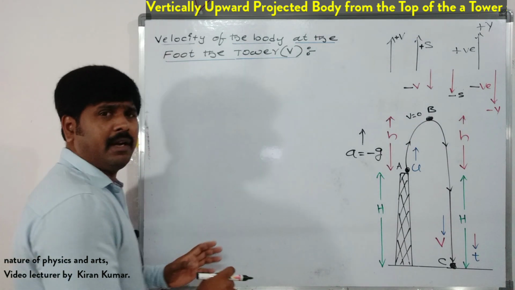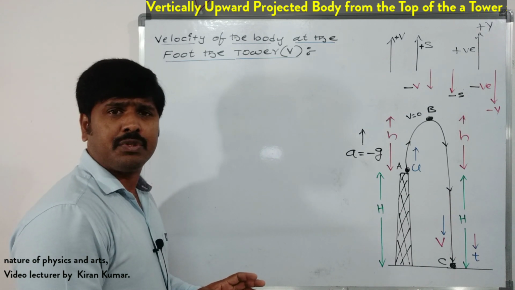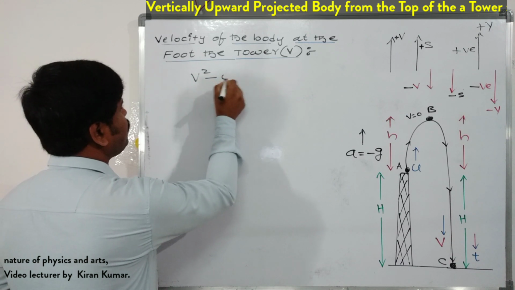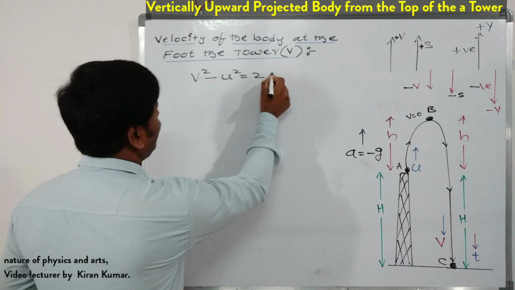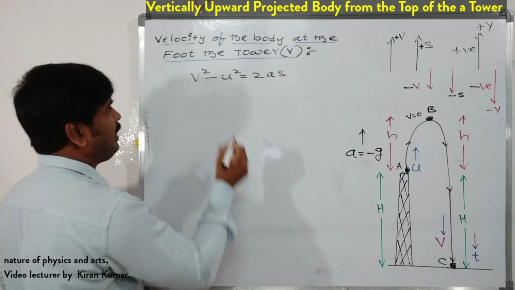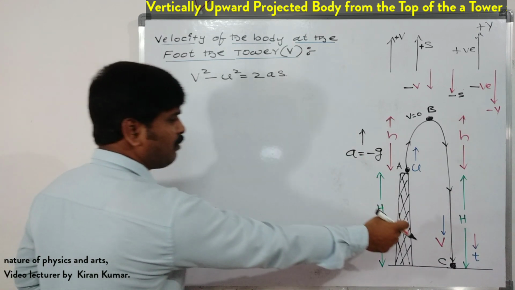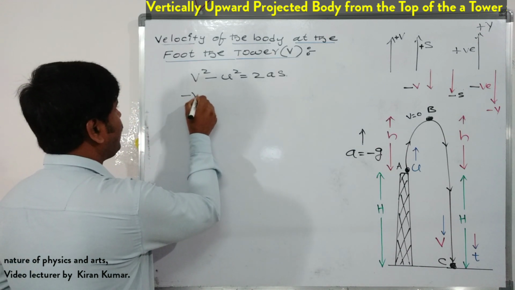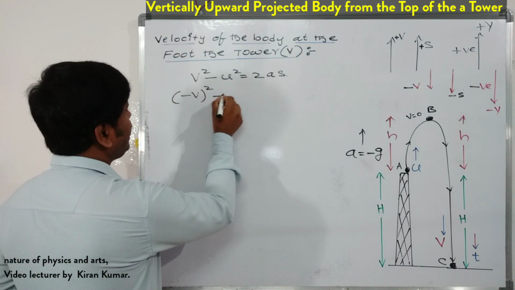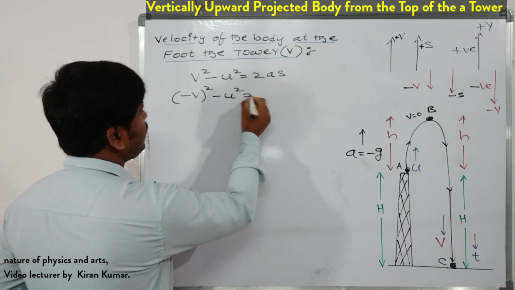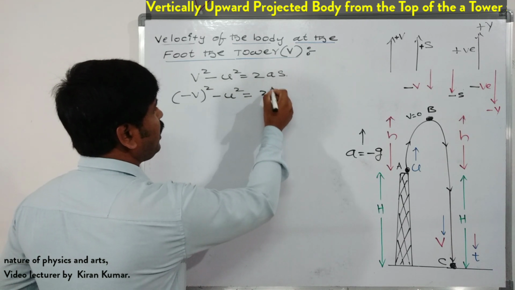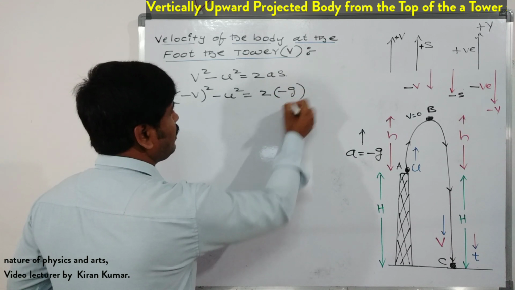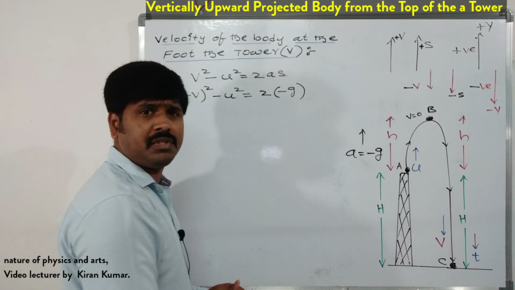So for this, taking v square minus u square is equal to 2as. See here, the v value is the final velocity, which is along the negative y-axis, taken as negative, so minus v square minus u square is equal to 2 into a, where a is minus g, that is acceleration is in the upward direction.